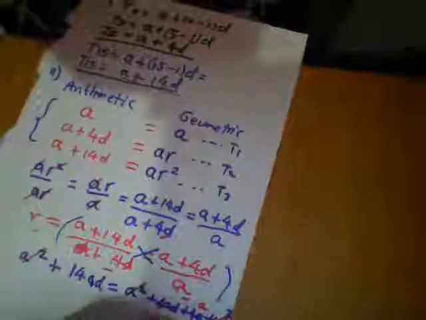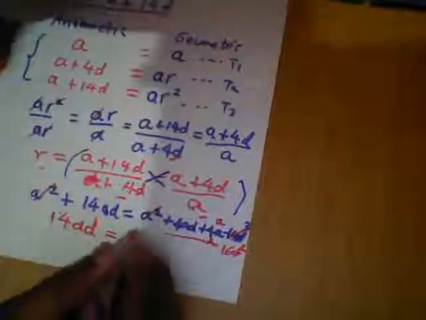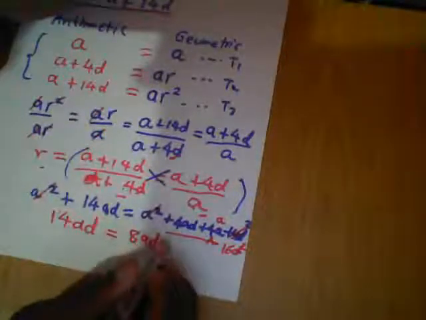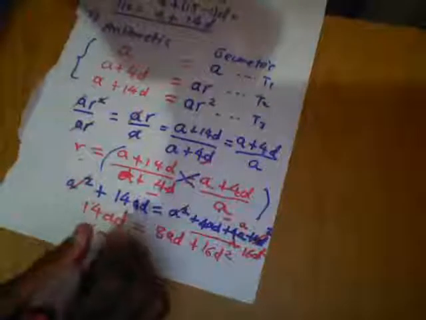So a squared and a squared cancel, and these two give 8ad. So we have 14ad equal to 8ad plus 16d squared. Multiply slowly to get an accurate answer. 14ad minus 8ad is 6ad, equal to 16d squared.